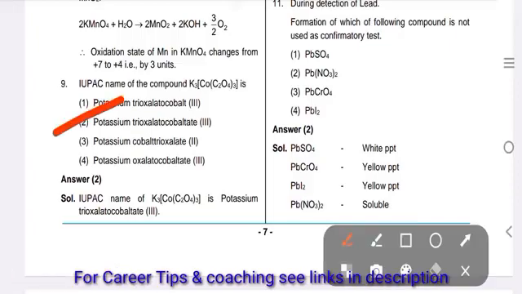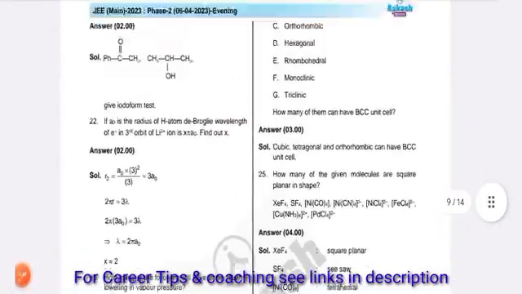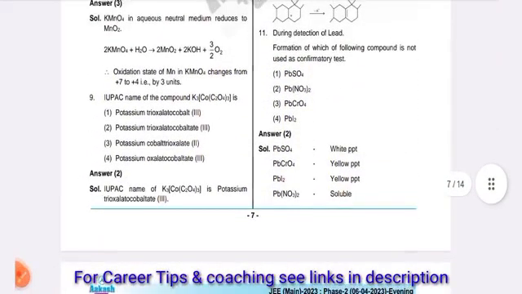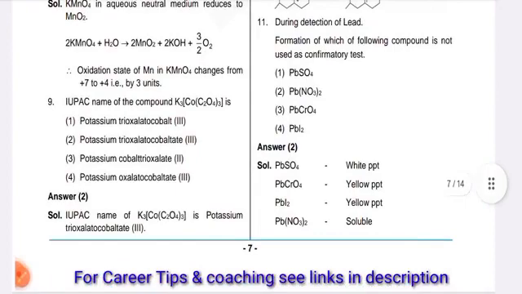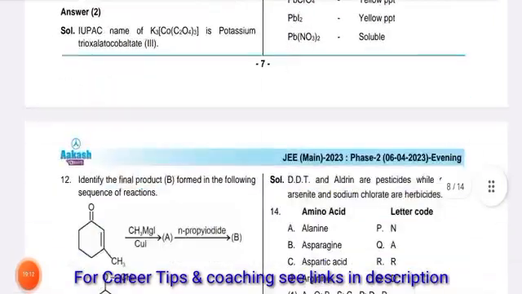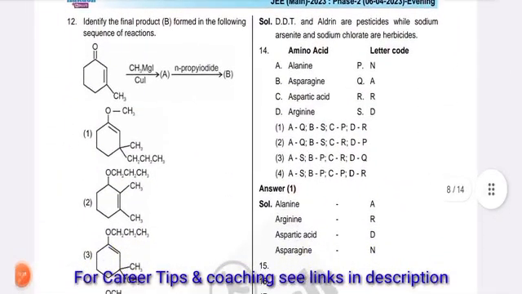And similarly, if you see the next, during the detection of lead, the formation of which compound is not used as a confirmatory test? So the answer is 2. Similarly, there are many questions you can just go through, and the 12th question and 14th question.